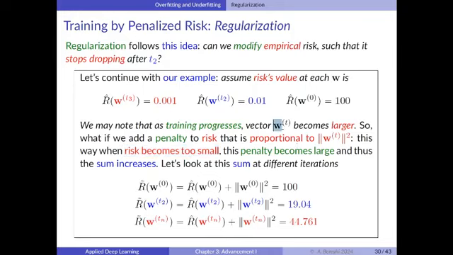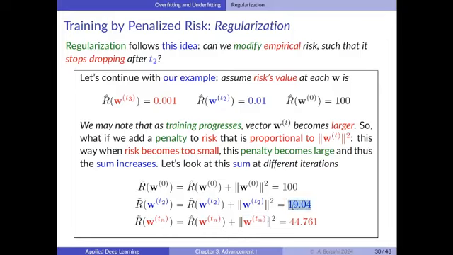If we consider the risk plus the norm 2 of W, at time 0 it would be 100, because W0 is 0, but the squared norm of W would increase as time goes on.